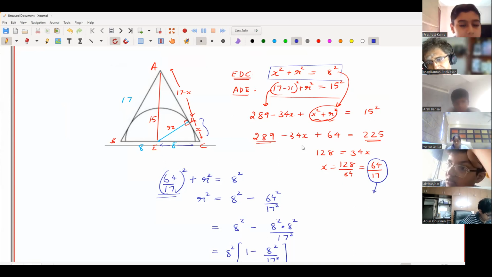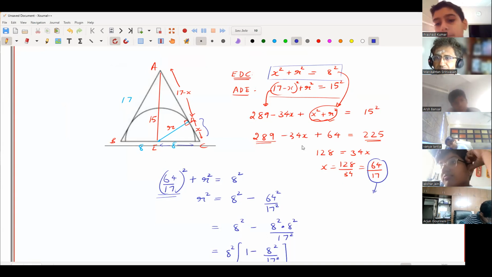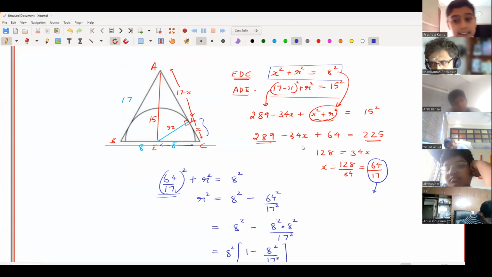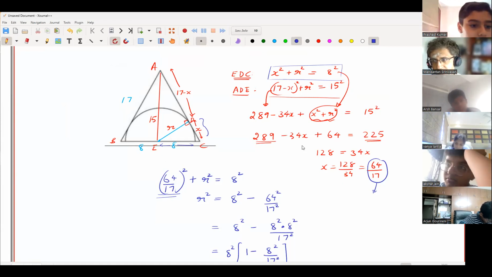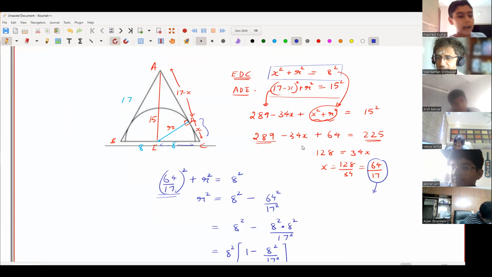Now that we've established using similarity that the two triangles are similar, since they are similar, that must mean the ratio of their sides is equal. Yes. So let's look for the pattern. What I did was I did some pattern hunting. In the small triangle, the hypotenuse is 8.